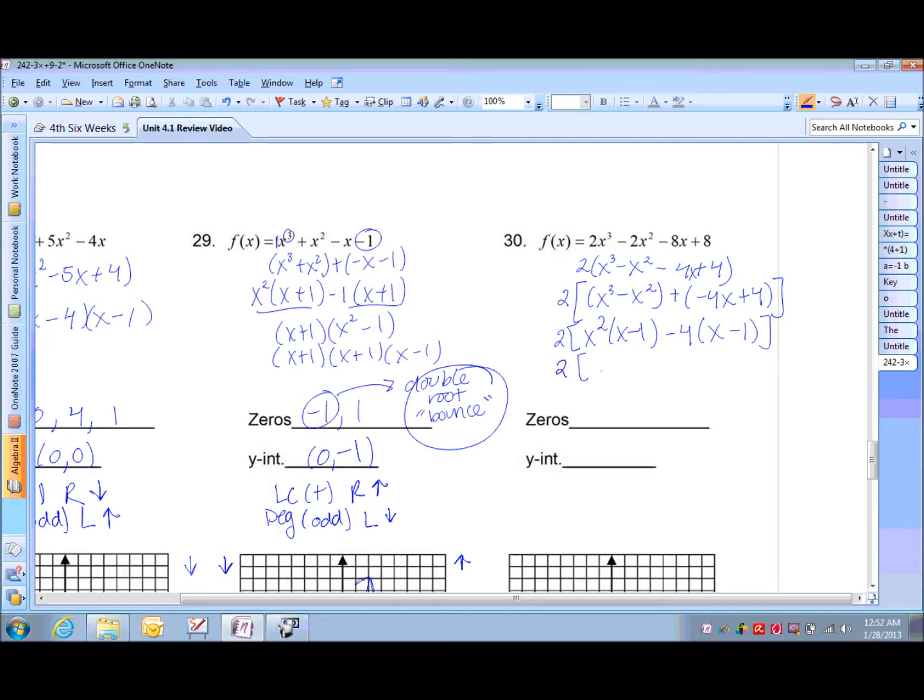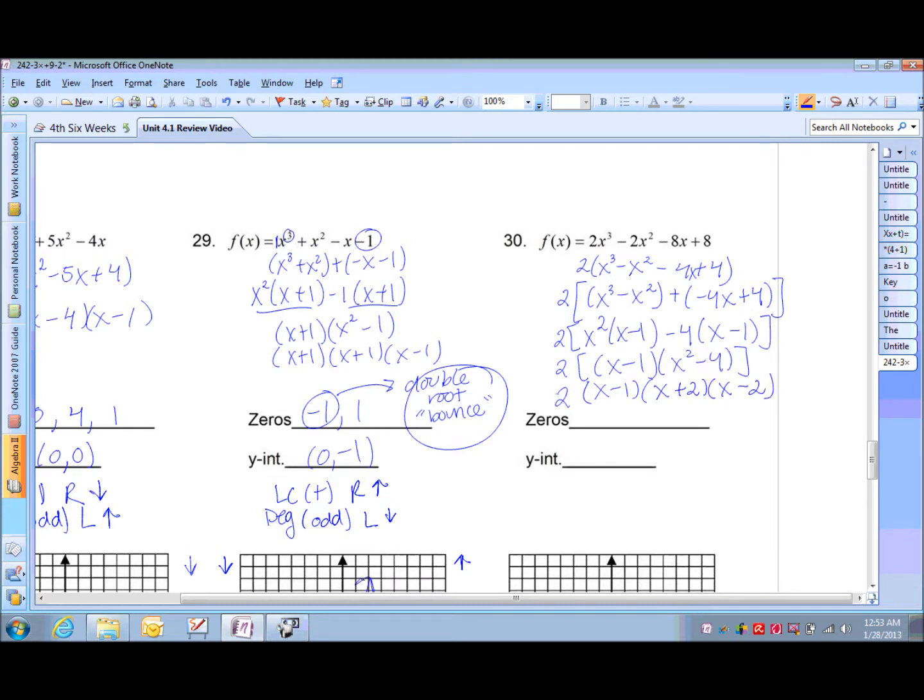So I'm left with 2 times x minus 1 times x squared minus 4. And x squared minus 4 is actually a difference of perfect squares, so it's x plus 2 times x minus 2.